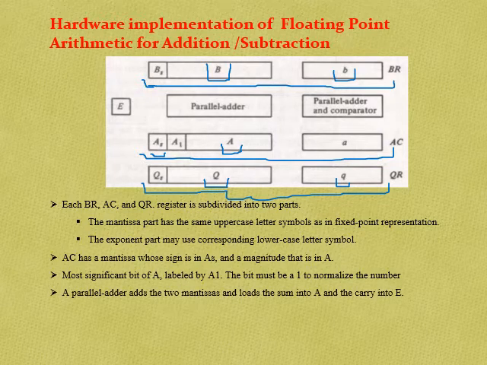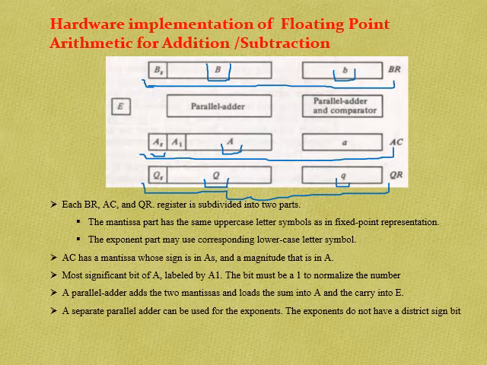Next we can see that two parallel adders are there. One parallel adder is for the addition of the mantissas, and the other parallel adder is for the addition of the exponent part. As you can see, the exponent parts don't have any distinct sign bits.